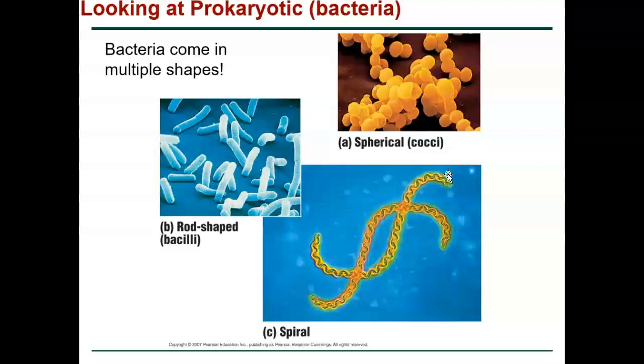You've got spherical, called cocci, rod-shaped, or bacilli, and spirals, which are spirochetes. If you've ever had strep throat, you've got that cocci, streptococci. E. coli in your gut are going to be the little pickle-shaped bacilli. And the spirochetes are going to be like the organism that causes Legionnaire's disease. That's not as common as cocci and bacilli.